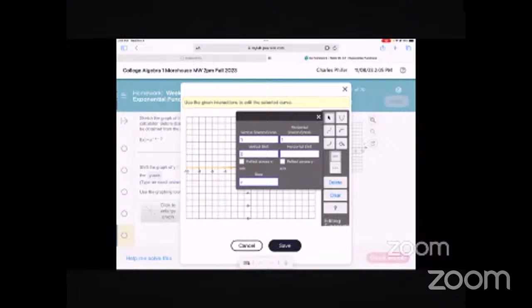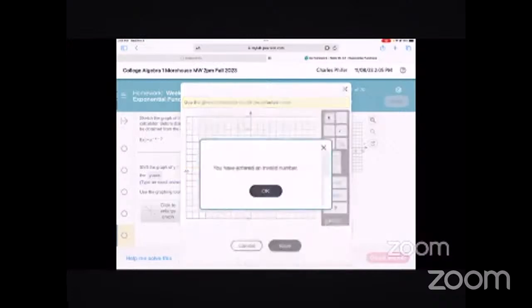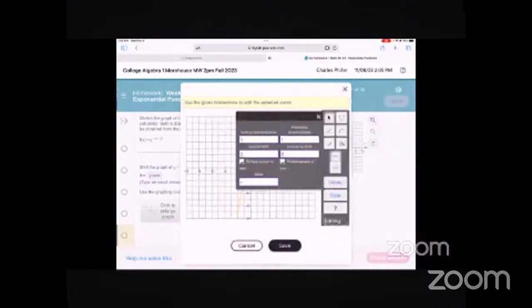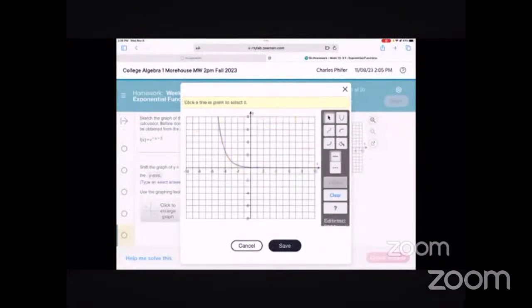Or I guess what we can do is reflect over the y, and then just move it left by 3. All right, and that'll have the same effect. Again, just choose a couple of test points just to make sure you're in the proper location. But this is what we should have.